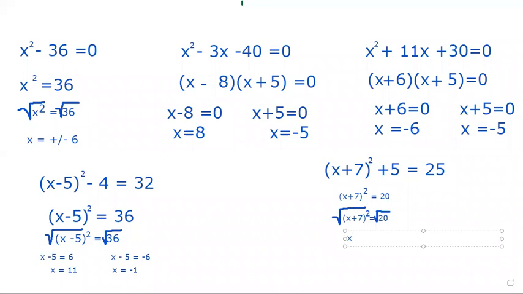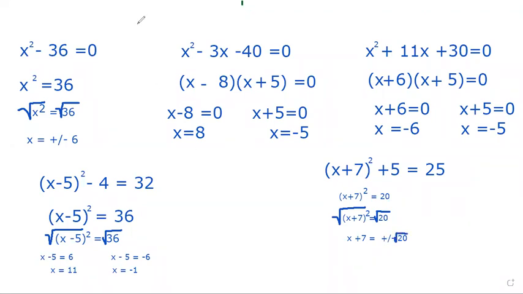So now we have x plus 7 is equal to the square root of 20. And matter of fact, you want to put the plus and the minus square root of 20.